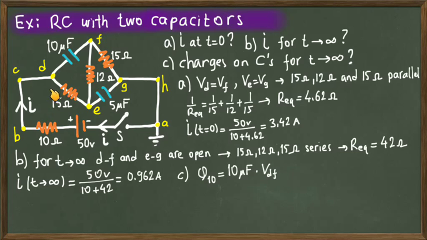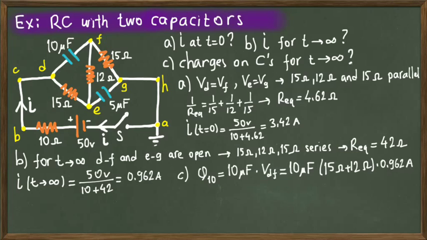By crossing 15 ohms the potential will drop by I, which is 0.962 amperes, times 15, and it will continue to drop by the same current, 0.962 times 12 ohms. Whatever the value of the potential at point D is, it will be dropped by this amount.